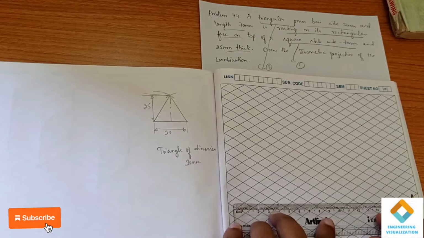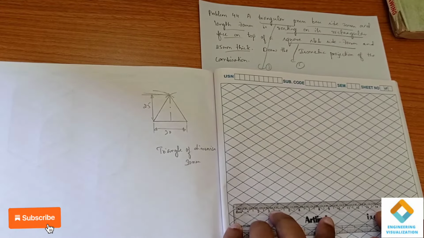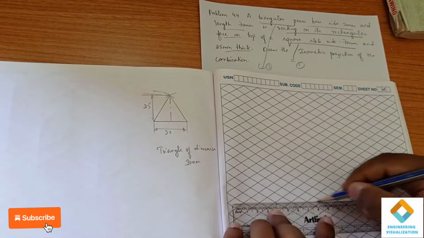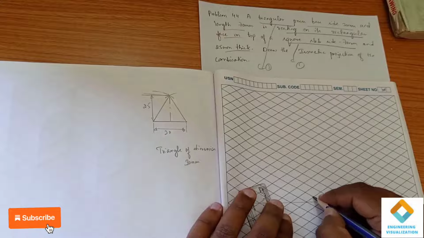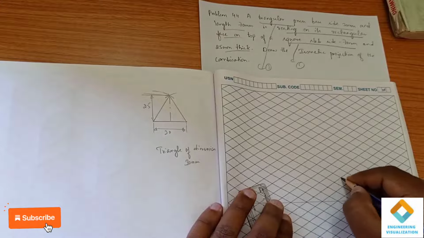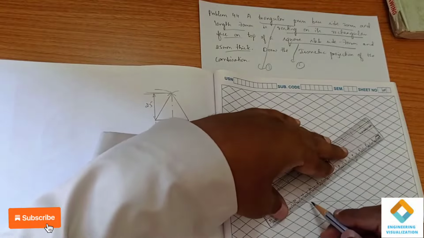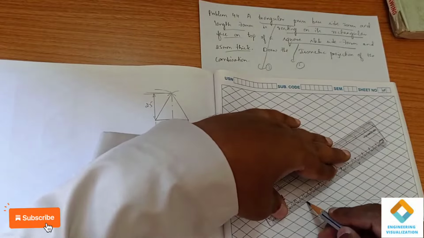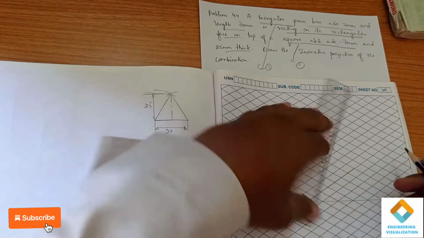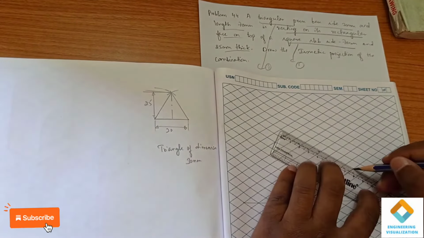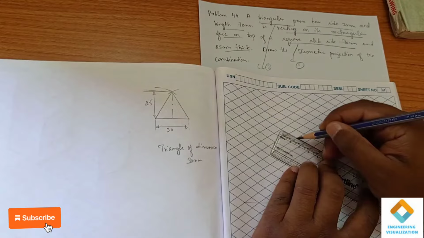the square slab now. Okay, so from this end 70 means 1, 2, 3, 4, 5, 6, 7 boxes. Okay. 4, 5, 6, 7.